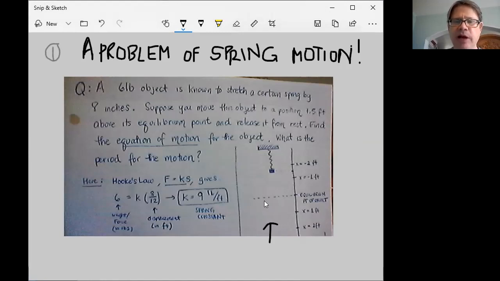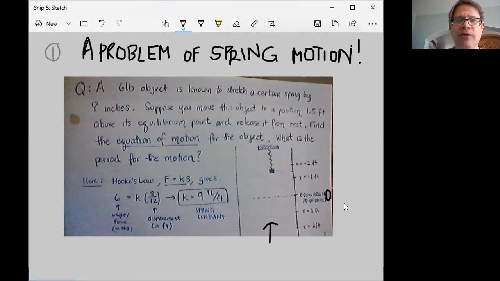Right here we've got the equilibrium point. This would be the place where, if the object was just hanging from the spring, it would naturally be at rest. We're going to take that point to be x equal to 0. We're going to be using x as the measurement of the displacement of the object from equilibrium.